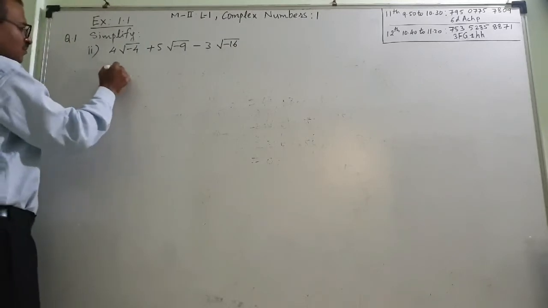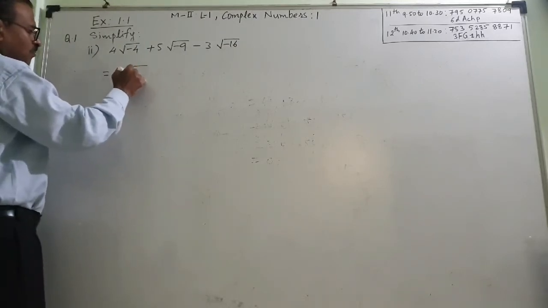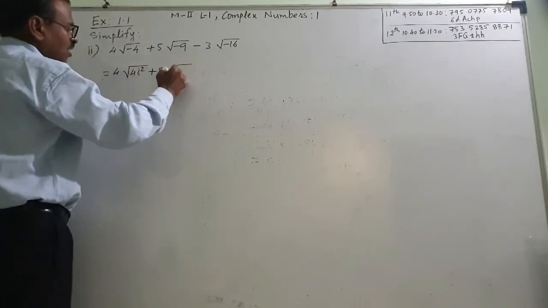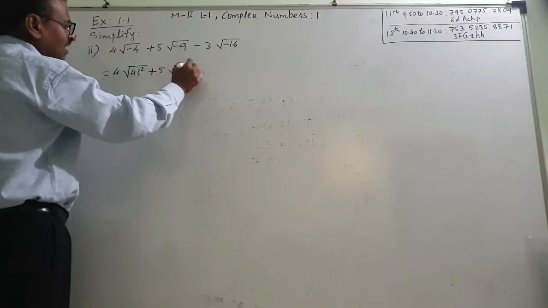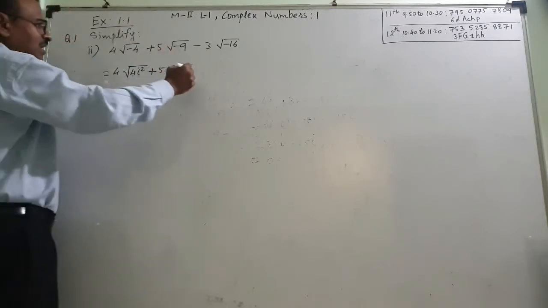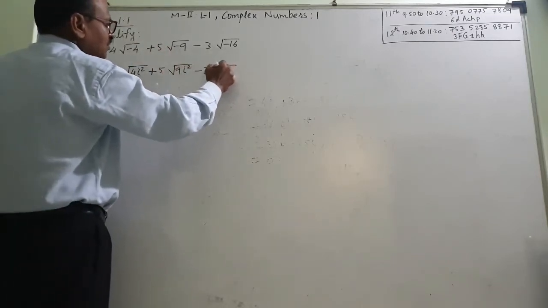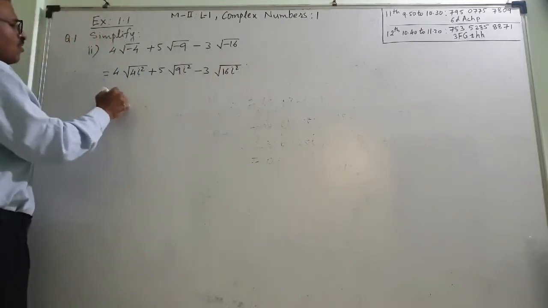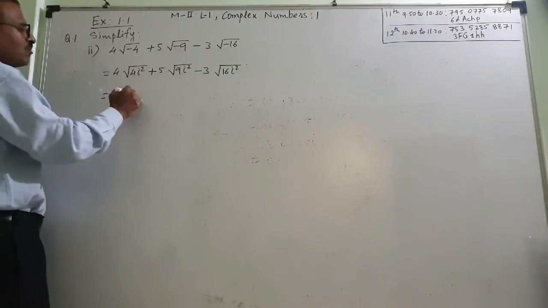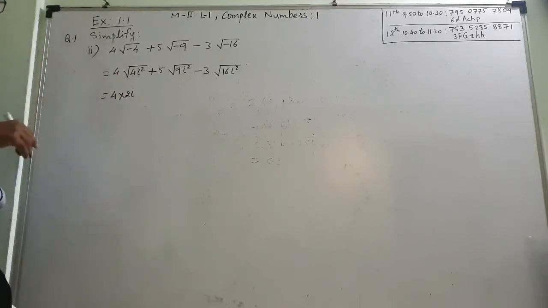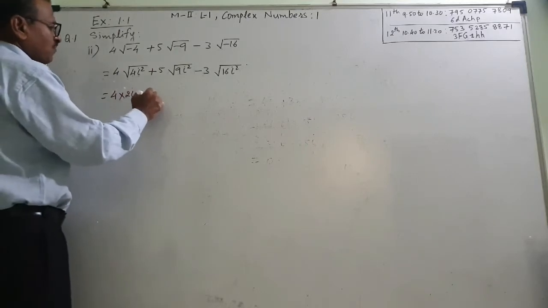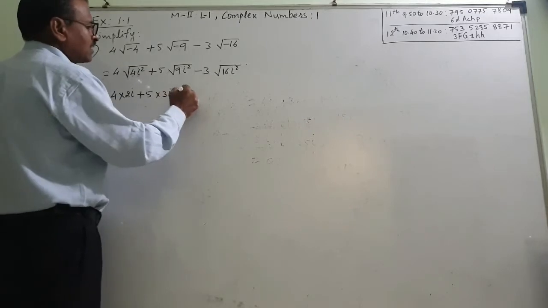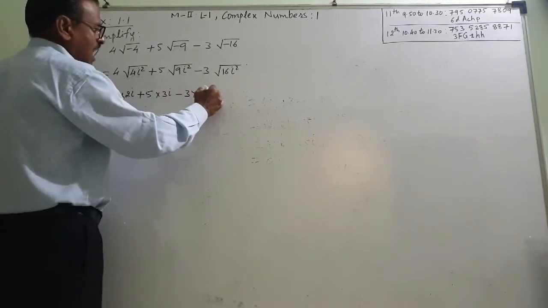So that is equal to 4 root of 4 i square plus 5 root of 9 i square, where i square is because here it is minus 1, minus 3 into root of 16 i square. Now take the root. 4 into the square root of this will be 2i. Don't write plus or minus. Plus 5 into 3i minus 3 into 4i.